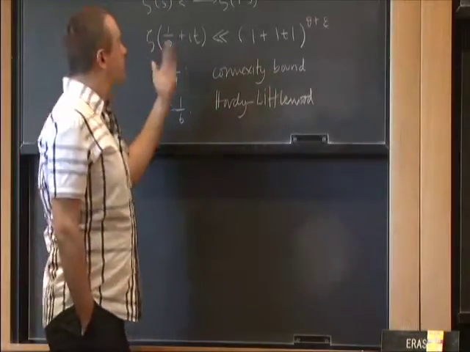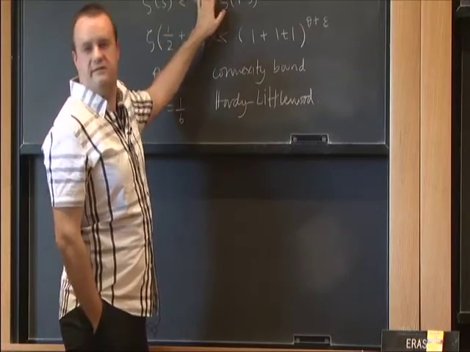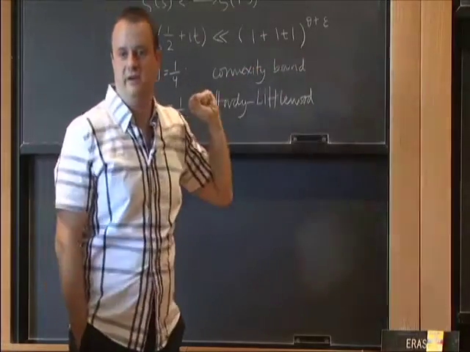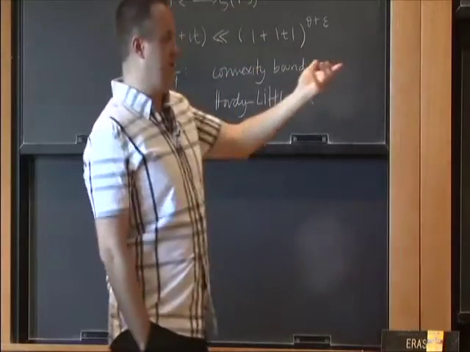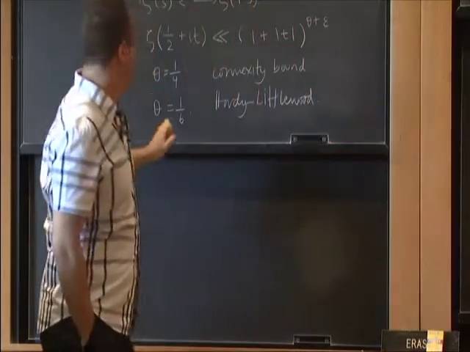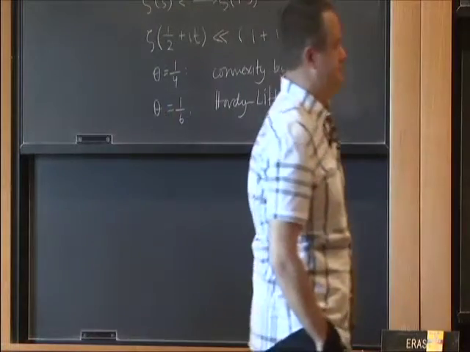And so really what matters is that you want to be able to estimate the cancellations in the sum of 1/n^(it), which is the same thing as that thing over there, right? And so you want to get a non-trivial estimate on that thing. What I said is that if you do use the trivial estimate, you will recover the convexity bound after you go through the whole analytic technology.